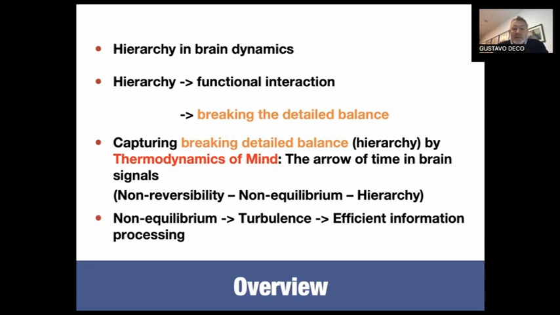I will say a couple of words about that, especially to define and use turbulence in the context of neuroscience as a way of characterizing how information processing is performed under different circumstances, again different types of cognitive states, brain states, and so on.